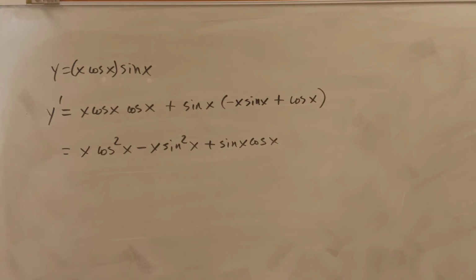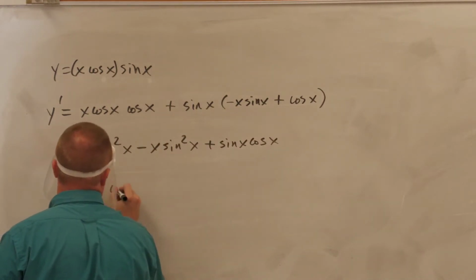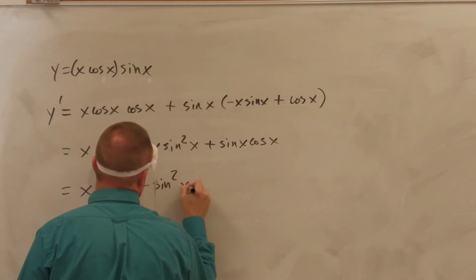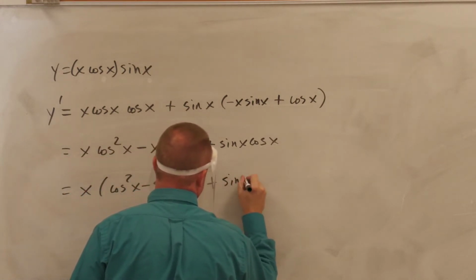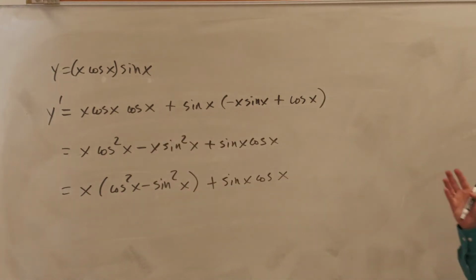But if I do factor an x out of the first one, anytime you've got cosine squared x minus sine squared x, there is a trig identity that will reduce that and make it simpler. Okay? Anybody know what that is?